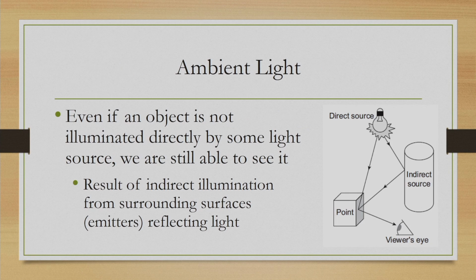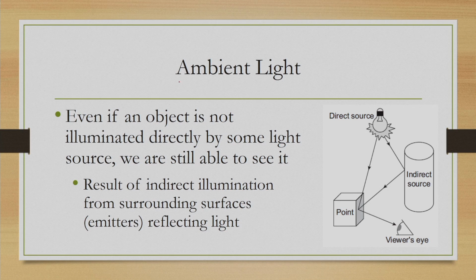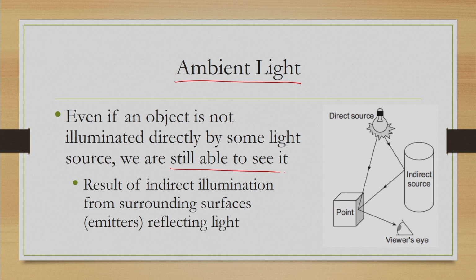So, then the third type of light is ambient light, or light that comes from indirect sources. Sometimes there may be objects which are not directly illuminated by a light source, but we are still able to see them.